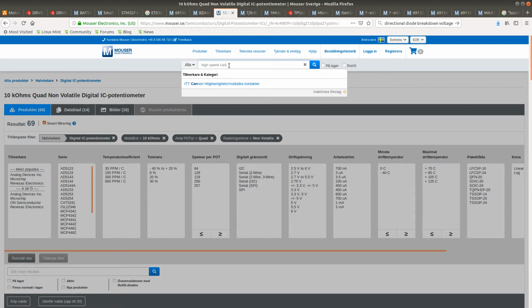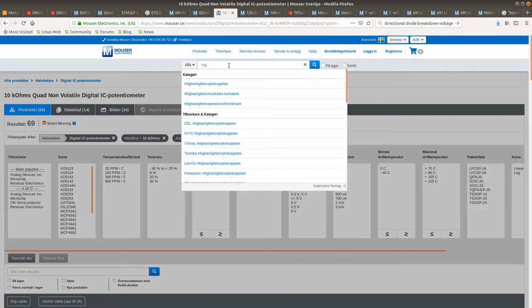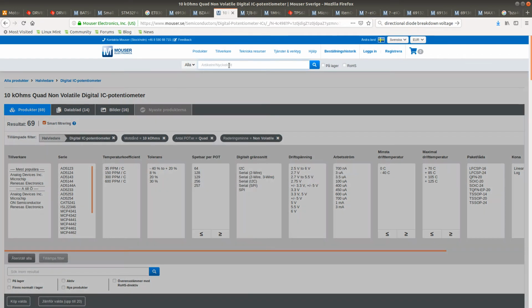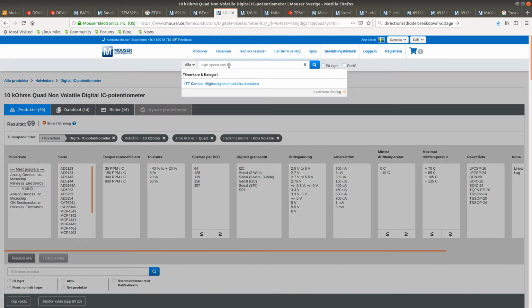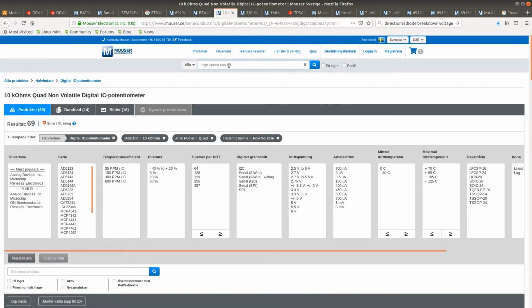So there is a high-speed transceiver called TGA something. Let's see, high-speed CAN TGA. Could be TGA.